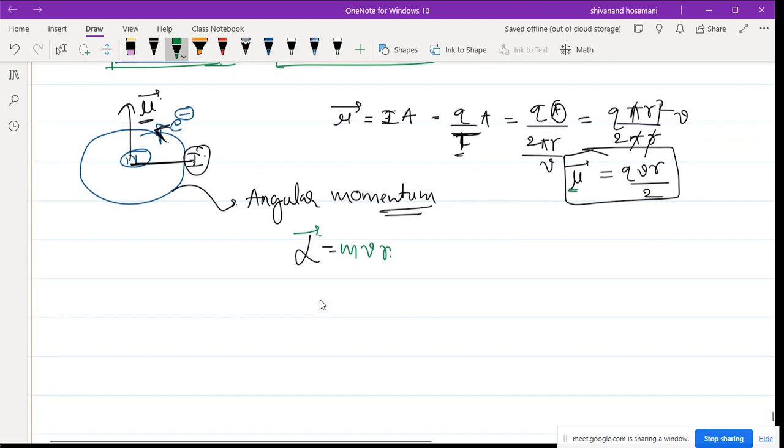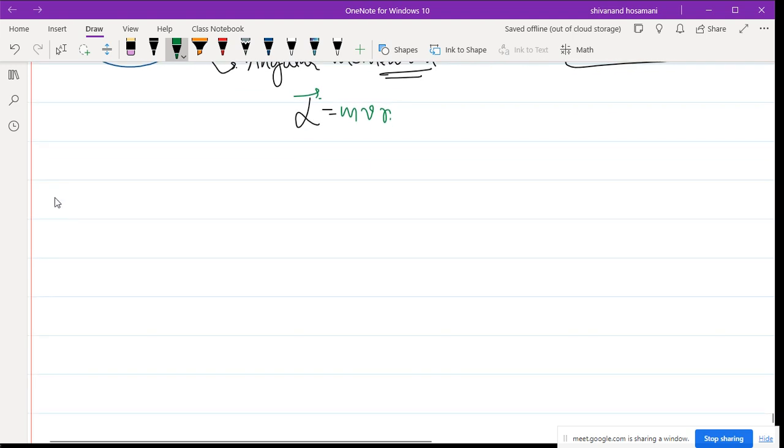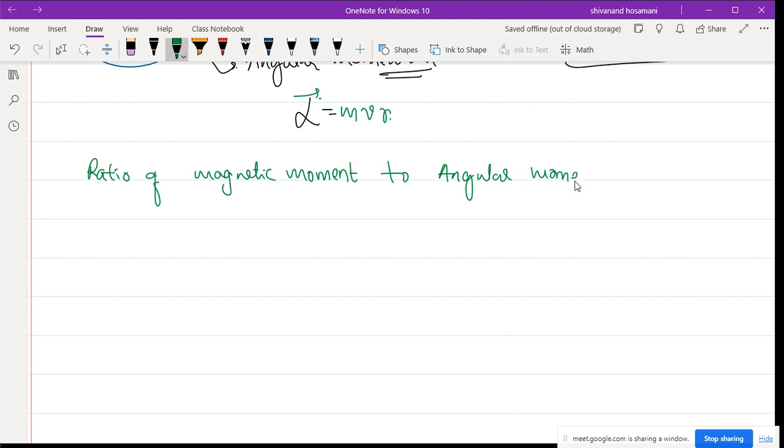If you take the ratio of magnetic moment to angular momentum, what do we get here? That is mu divided by L, as vectors. So what is this mu?